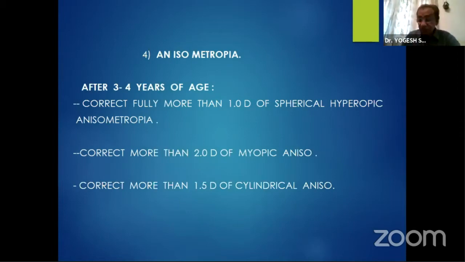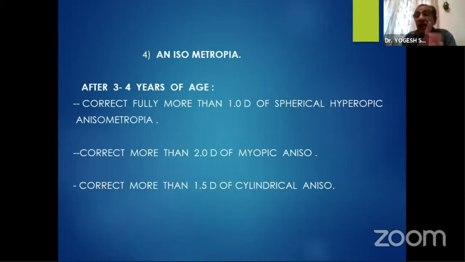Now, after 3 or 4 years of age, correct fully anisometropia of more than 1 diopter of spherical hypermetropia, correct more than 2 diopters of myopic anisometropia, and correct more than 1.5 diopters of astigmatic. That means spherical hyperopic anisometropia is more dangerous, more detrimental, a more cause of concern because it causes amblyopia.